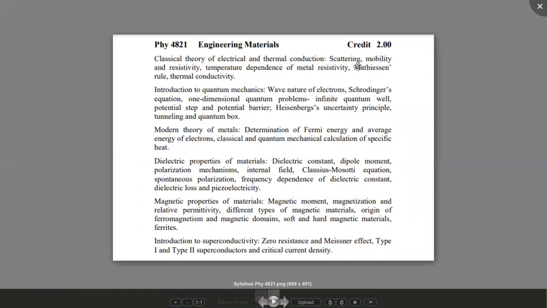Here we have learned about scattering, mobility, resistivity, temperature dependence of metal resistivity, Matthiessen's rule, and the last topic was thermal conductivity. So this will be the end of our first part, and also the end of our third lecture. In the next class, we will learn the introduction to quantum mechanics, or we will start to learn about these topics.